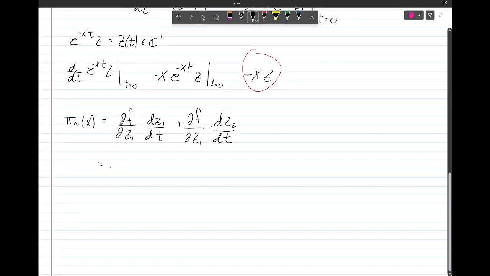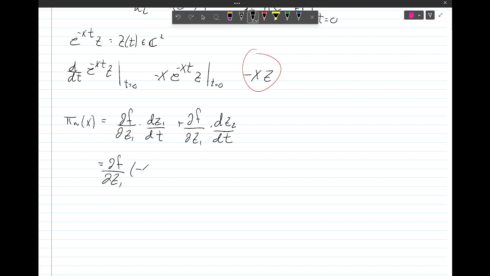So when you plug that in, we get negative x11, the entry of x, maybe I'll just put the minus in front, plus x12 z2 plus, again I'll just move the minus out in front, df/dz2 times x21 z1.